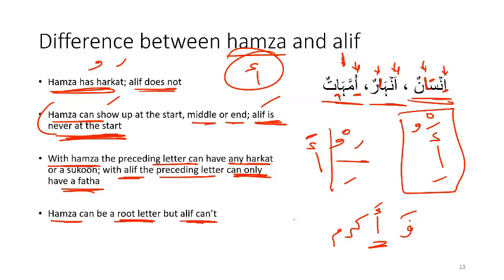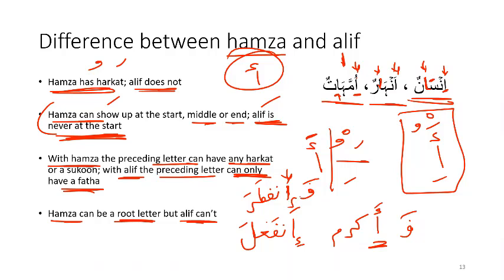But if we have the last three Mazid fi babs that we studied, does anybody remember them? Yeah, infa'ala, ifta'ala, and istaf'ala. Infatara is an example of this, or istansara. Is the first letter of infatara Hamza or Alif? Hamza.